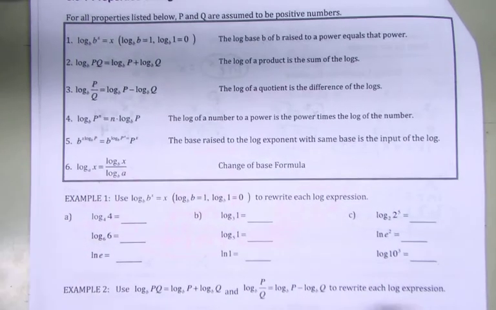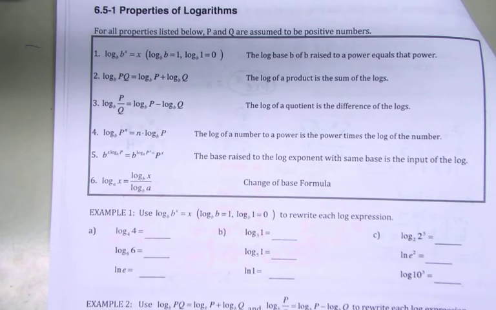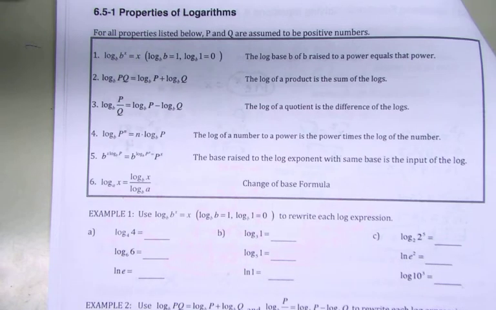Okay. So before we start doing these log properties, I just want to remind you of one very important concept. When we first learned logs, there were two things I wanted you to remember about them, right? Do you guys remember what those were? They're exponents. Very good. What's the other one?